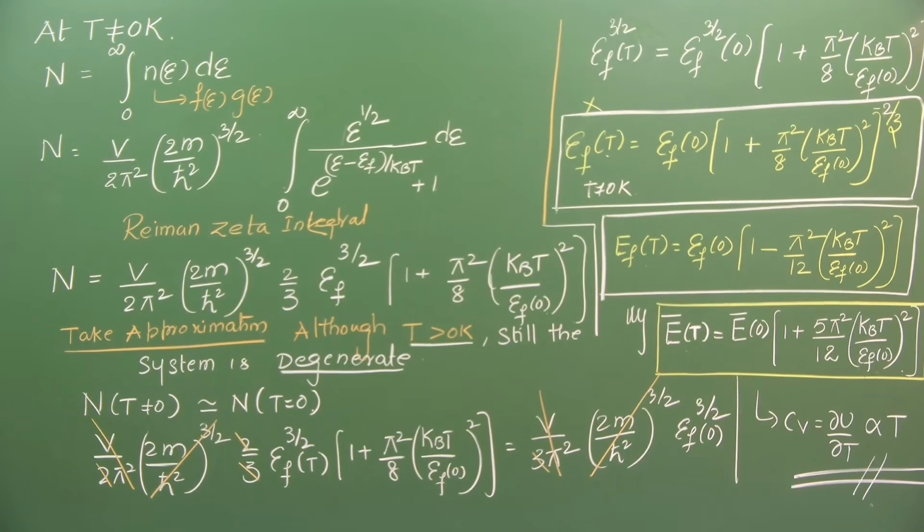If x is small, 1 plus x whole power n is nearly equal to 1 plus nx. That's why they multiply with minus 2 by 3.